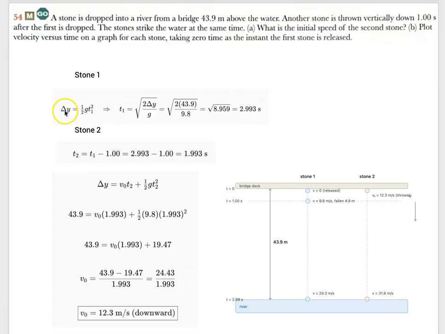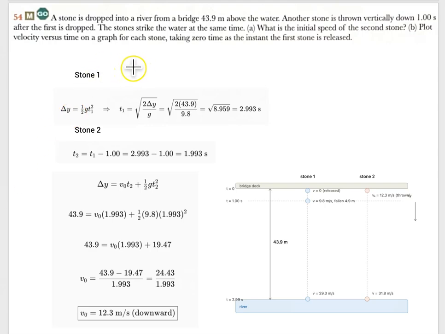To do that, we need to just find out how long stone 1 was in the air. The way we do that is we're going to take that height of 43.9 meters, and we're going to set that equal to the original speed of that stone.